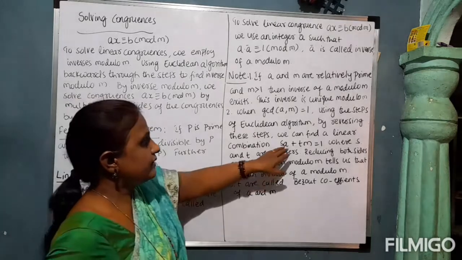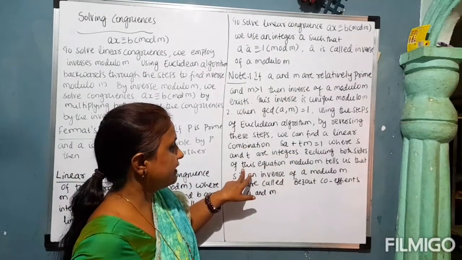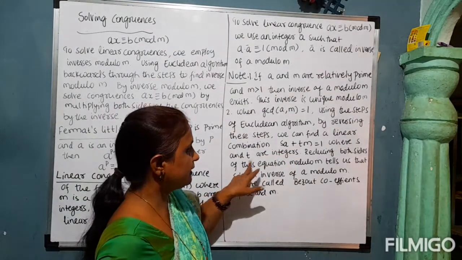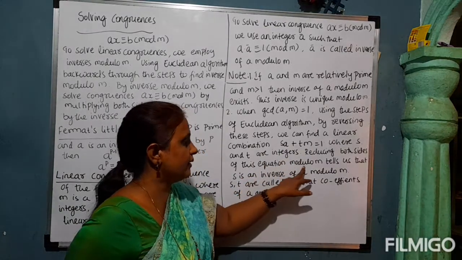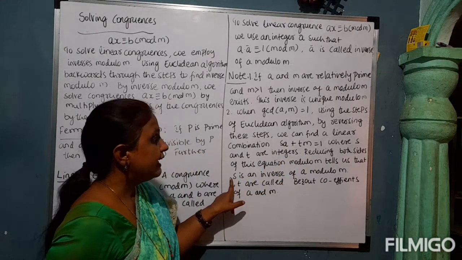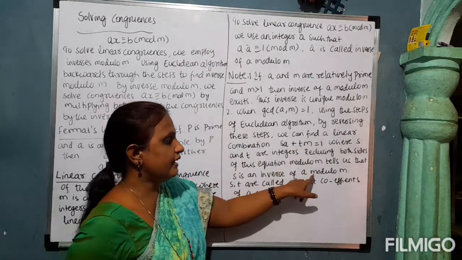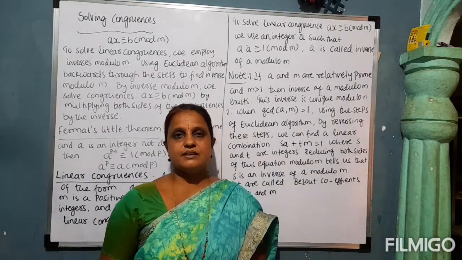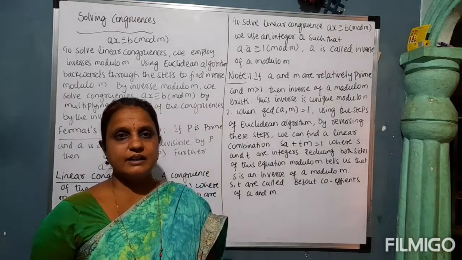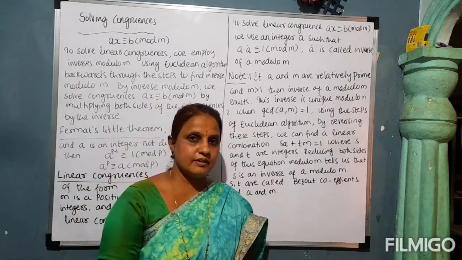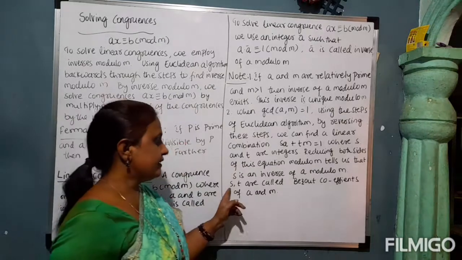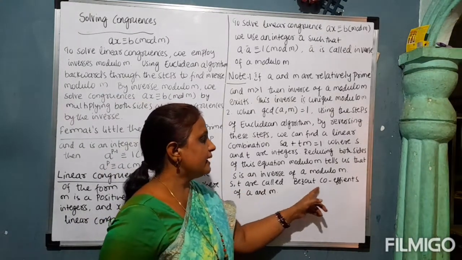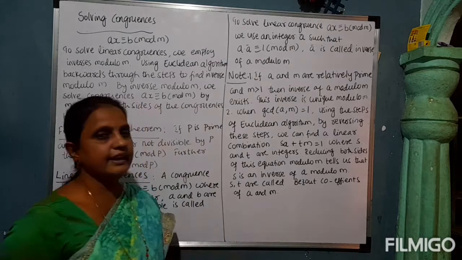Reducing both sides of this equation modulo m tells us that s is the inverse of a modulo m. So whenever we come across a linear combination sa plus tm equal to 1, s is treated as the inverse of a, and s and t are called the Bezout coefficients of a and m.